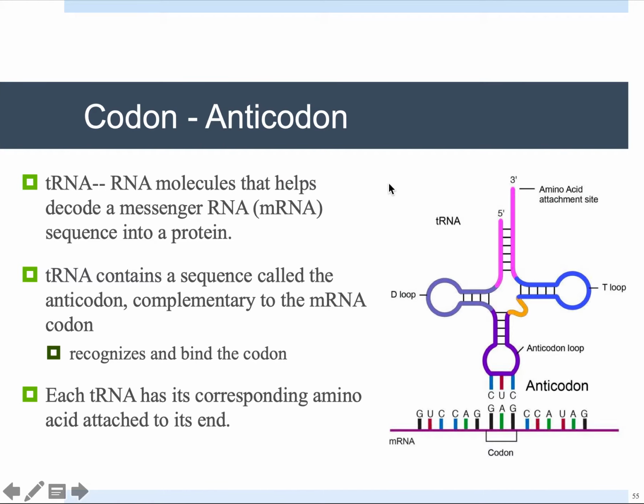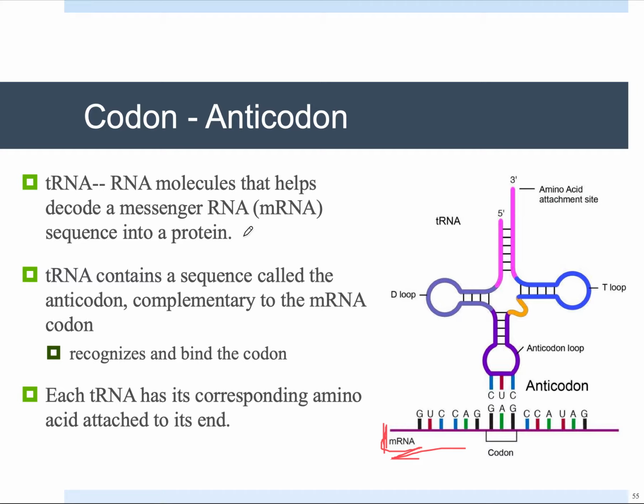Those are the codons. And so where the transfer RNA comes in is that you have these codons on the messenger RNA, as you can see down here. The transfer RNA is the molecule that's going to bring the amino acid.